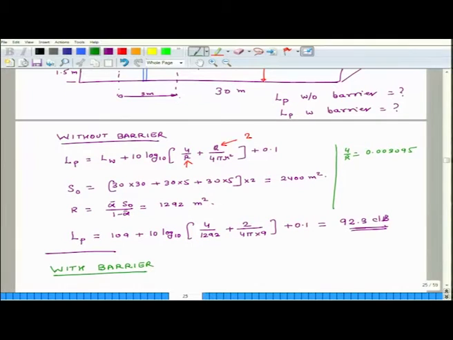Okay. 4 divided by basically 1292, it comes to 0.003095. And Q divided by 4 pi R square, if you do the calculation, it works out to be 0.01767.